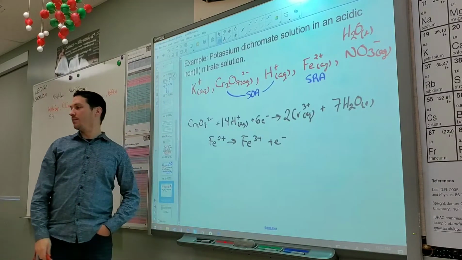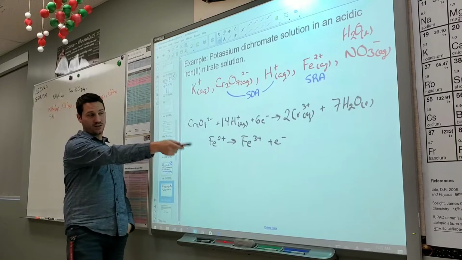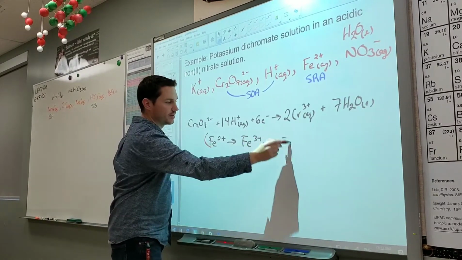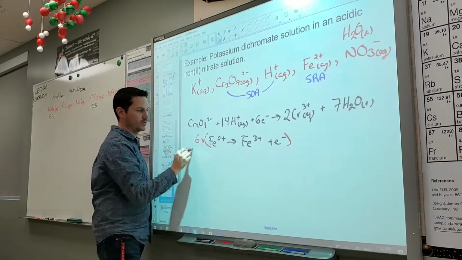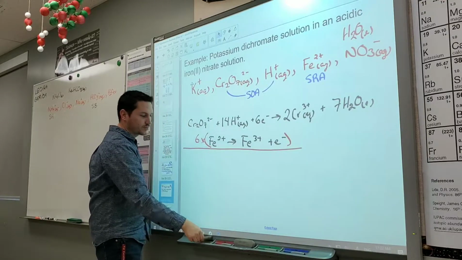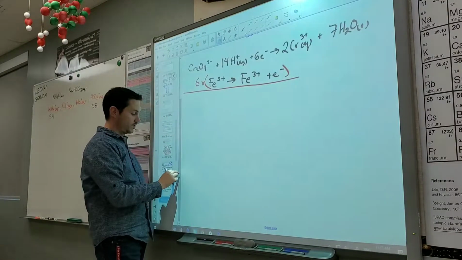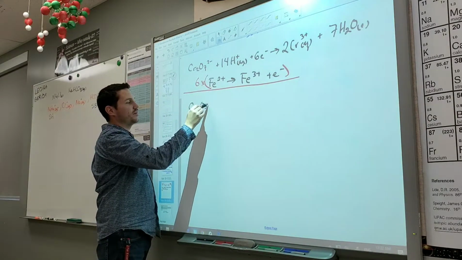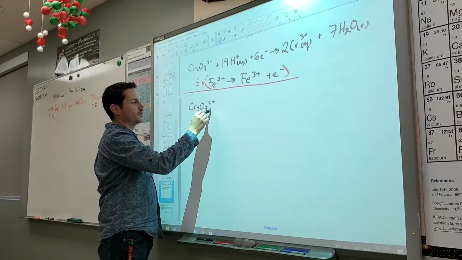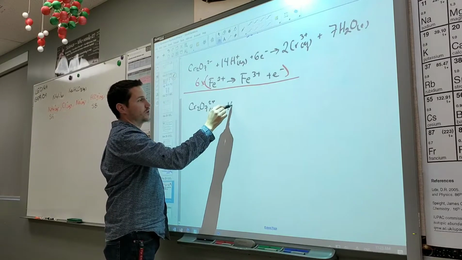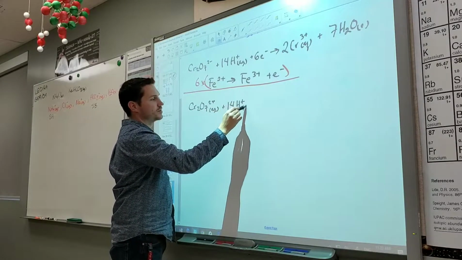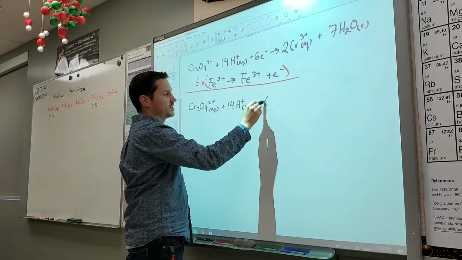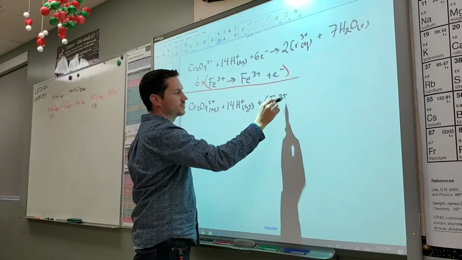So what's our lowest common multiple? 6 electrons. So I just have to multiply this by 6. So I'm going to get Cr2O7 2 minus plus 14 hydrogens plus 6 iron 2 pluses.